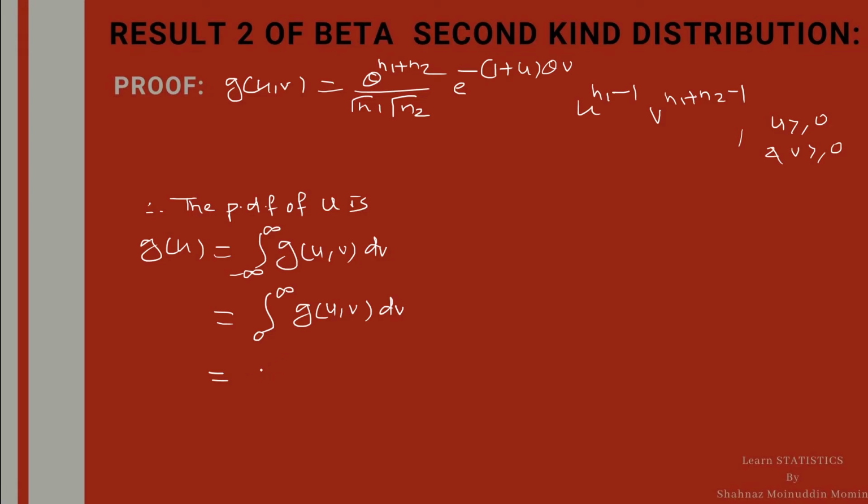Now by substituting the joint PDF g(u,v), we get, let me take the constant outside the integration first in order to simplify the integration in a simple way.